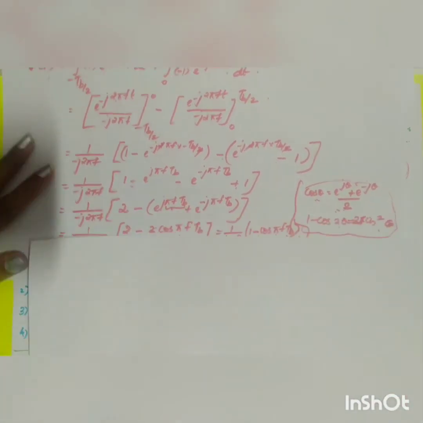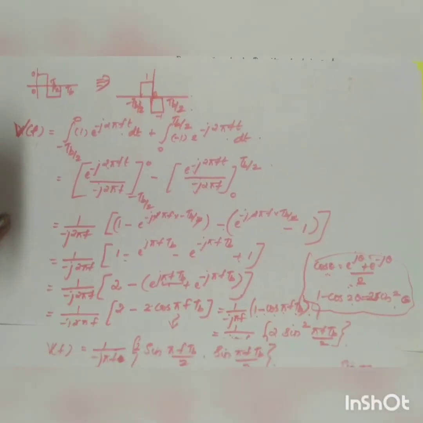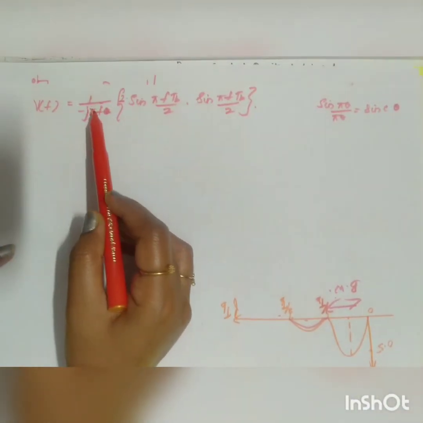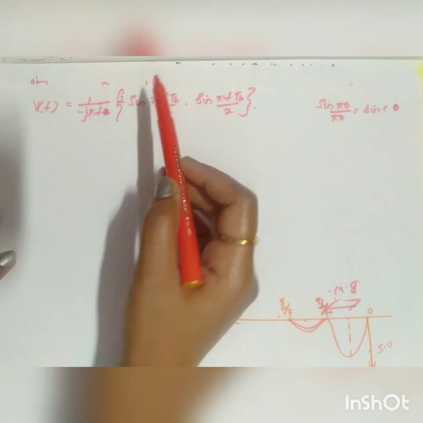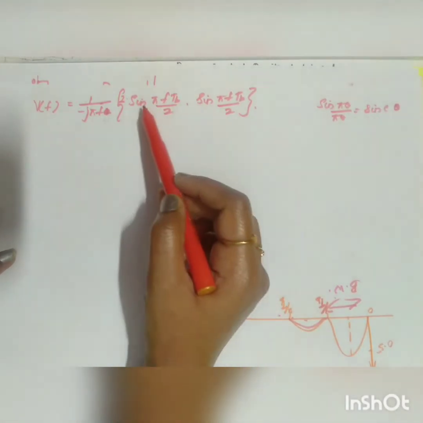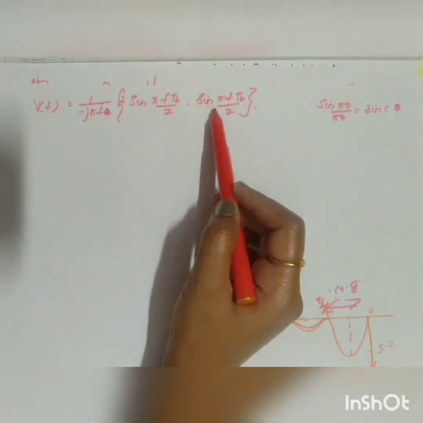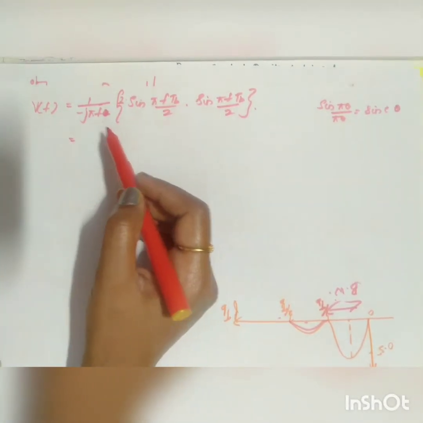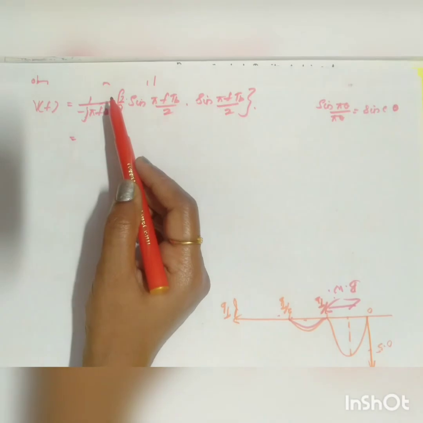Now I am going to separate sine square into sine into sine, because you have one as sec and the other as sine. Writing the formula once again, V of f is equal to 1 by minus j pi f into 2 sine square, which I have written separately, sine pi f Tb by 2 into sine pi f Tb by 2. Now we are going to reconfigure. This j I am going to take to the top.